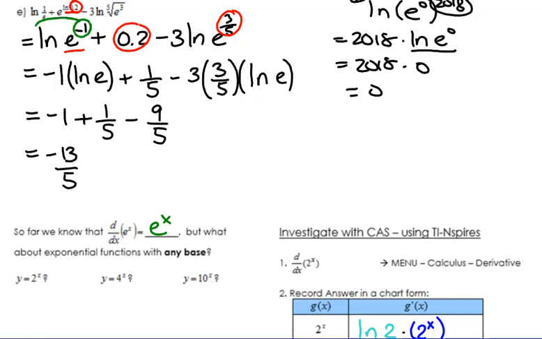Taking this, bringing it down, multiplying ln e. Now, you're not subtracting 1, this isn't the power rule or anything like that, we're just simplifying using log rules. Converting this into a fraction and bringing this down in front, we multiply by that 3, and we still have ln e. Both of these equal 1. And so we simplify and get negative 13 over 5.